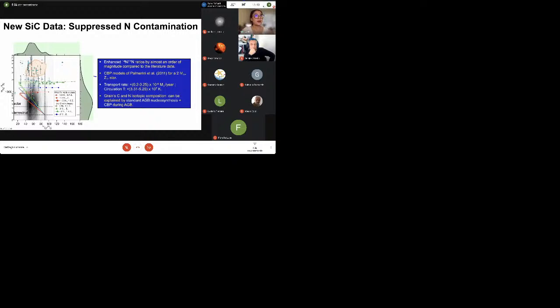By considering the occurrence of cool bottom processing under these constrained conditions, we can very well explain the grain data in the case of nitrogen and carbon isotope ratios. So the grain data can be explained by standard AGB nucleosynthesis and cool bottom processing during the AGB phase.